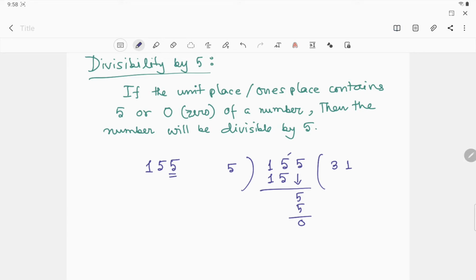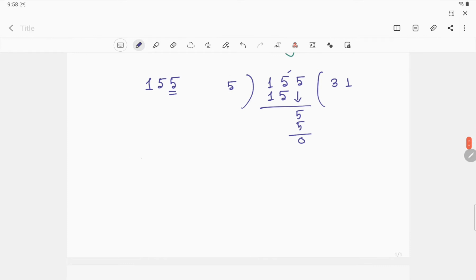I am taking another example. Suppose 270. Now divide by 5. 5 5s are 25, which is the nearest to 27. If you subtract, you will get 2 and bring down 0.